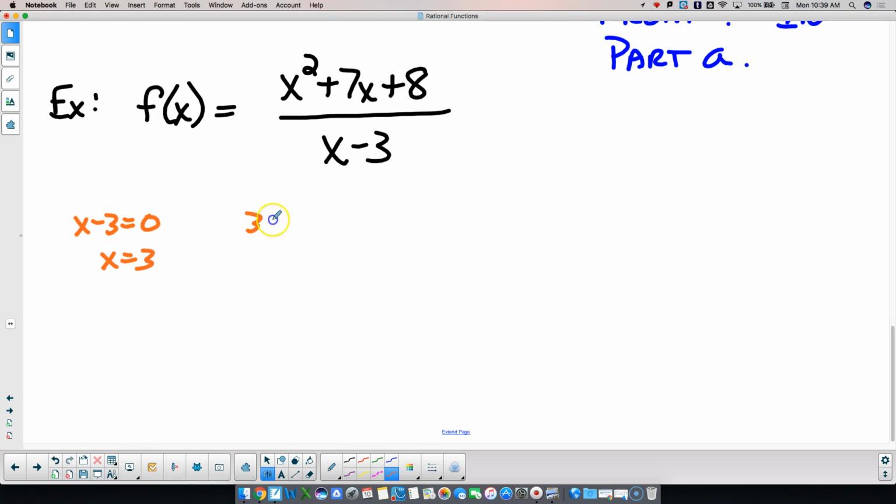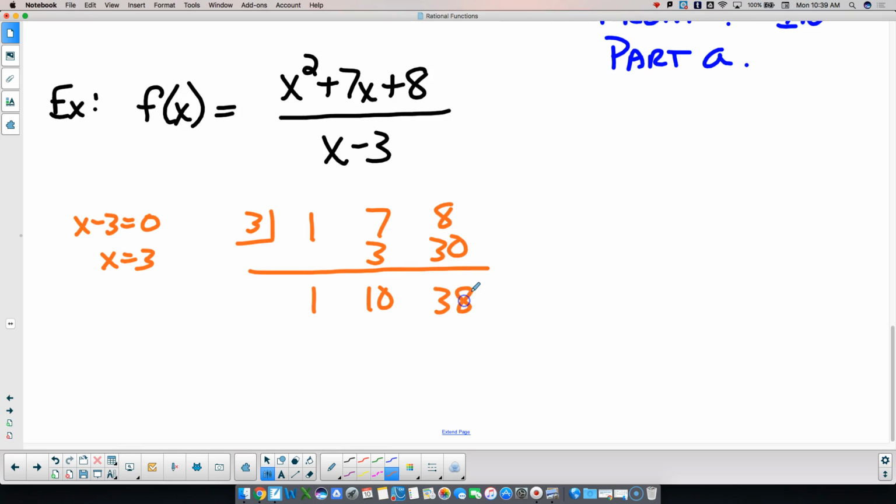And then I could synthetically divide into the top: drop, multiply, add, multiply, add, and I get that. Then I drop the remainder, and I'm left with y equals 1x plus 10 as my slant asymptote.